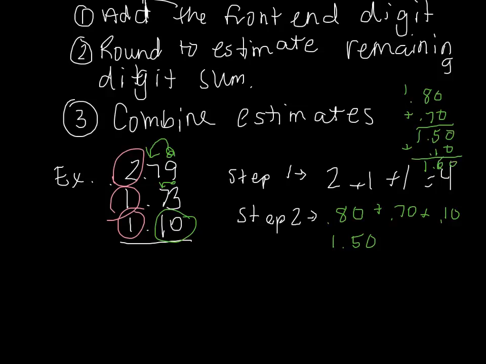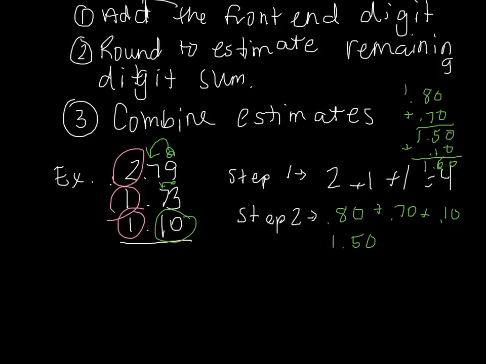Okay, so if you can't see in your head that 80 hundredths plus 70 hundredths plus 10 hundredths is 1 and 50 hundredths, then I want you to line up the decimal points and add them out as you would normally. The more we practice with this, the more you will be able to do it in your head. And so it's not a bad thing if it doesn't make sense to you right now.